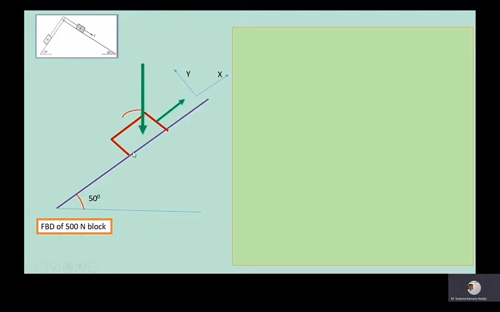Weight of the body always acts perpendicular to the ground. Normal reaction always acts perpendicular to the surface. Because of this tension in the cord, the body tends to move up, so frictional force acts down.